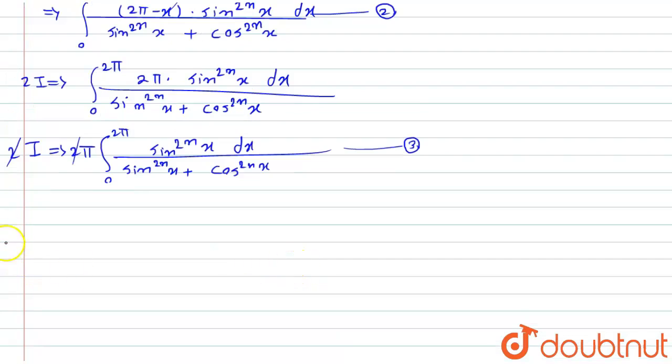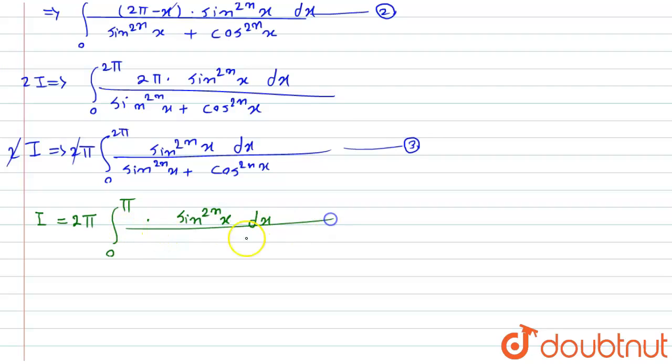According to the second property, our integral I becomes π common and 2 comes out, so integration from 0 to π, because 0 to a, of sin^(2n)x dx divided by, in the denominator, sin^(2n)x plus cos^(2n)x.